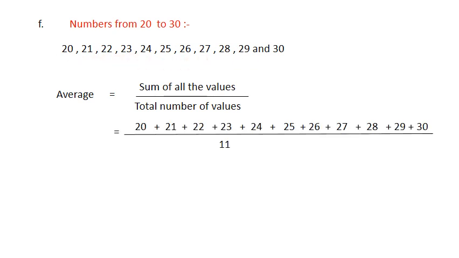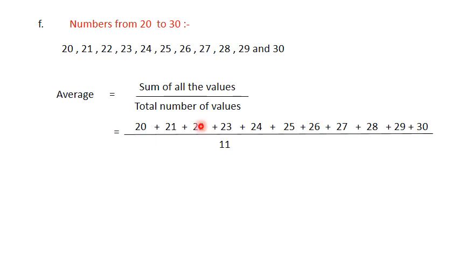Okay, we have written here: 20 plus 21 plus 22 plus 23 plus 24 plus 25 plus 26 plus 27 plus 28 plus 29 plus 30, divided by 11. Again student, if you see here, this 20 and this 30 become 50. Again 21 plus 29 becomes 50, 100.